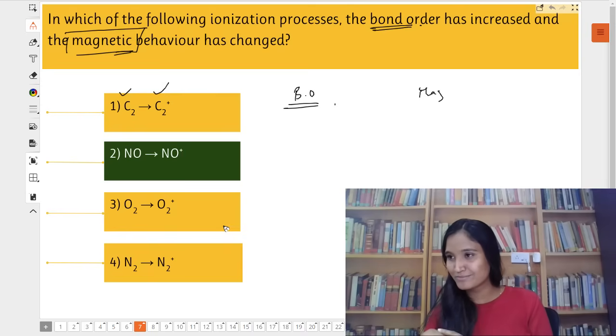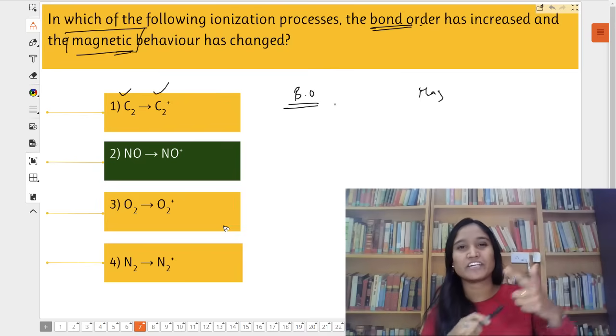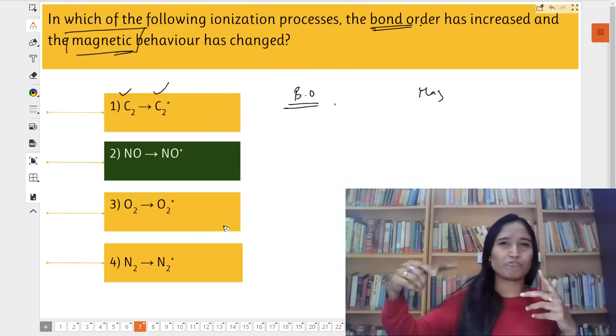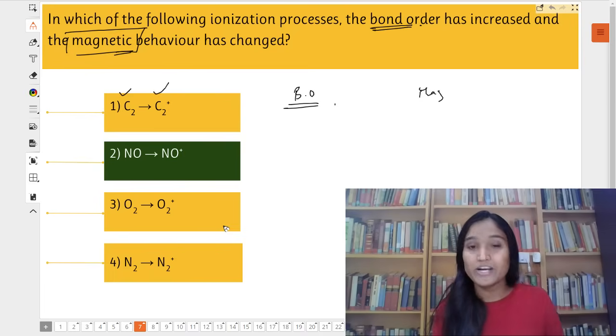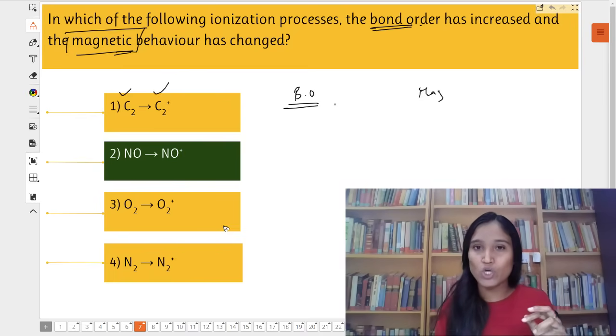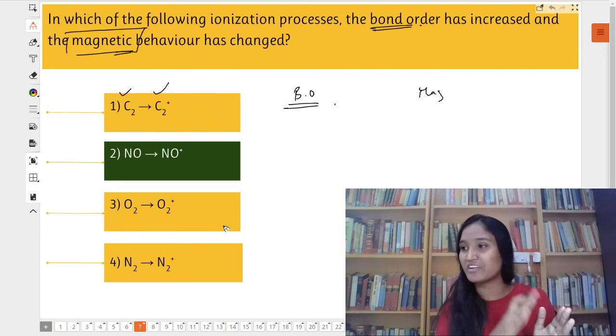How many types of magnetic behaviors are usually seen in molecules? Paramagnetic and diamagnetic are the most common, right? Ferro, ferri, etc. do exist, but they are not so usual, correct? And now out of the second option and third option, we also should verify wherever magnetic behavior is changing.